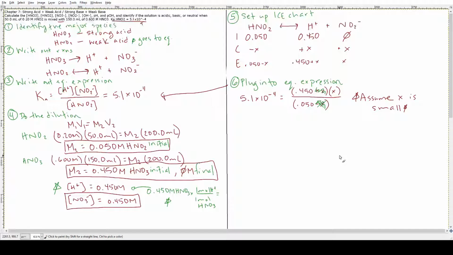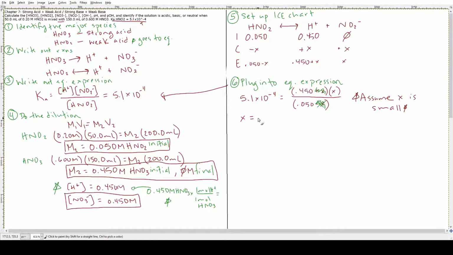Hey, that's nice. So now I can solve for my x very easily. So let's do that. X is equal to 5.7 times 10 to the negative 4.